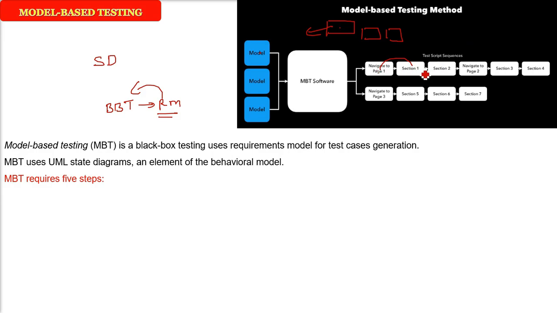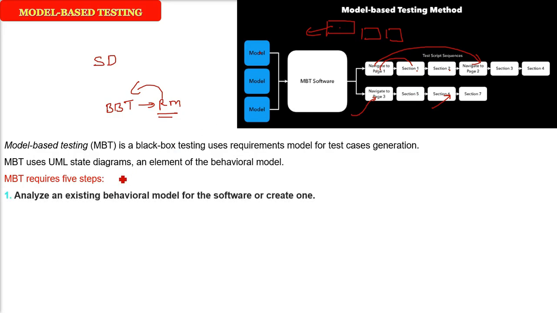Maybe he can go from 1 to 3, or 1 to 2, different pages. This needs to be modeled, and that can be done using the behavioral model, which is the state diagrams.